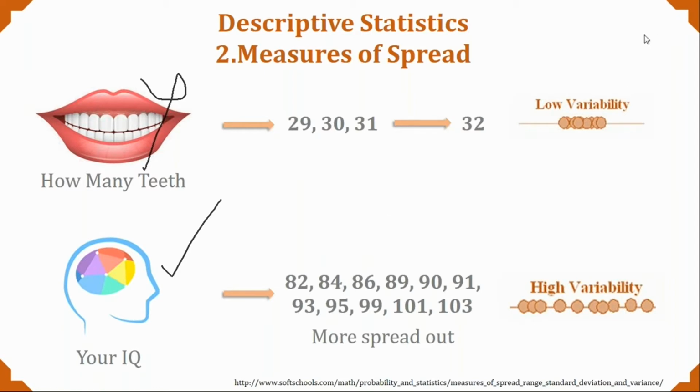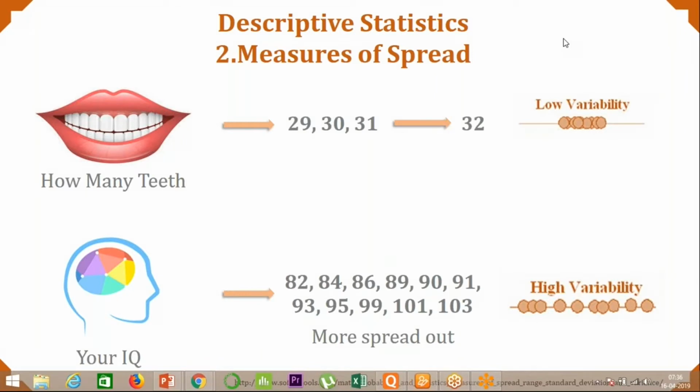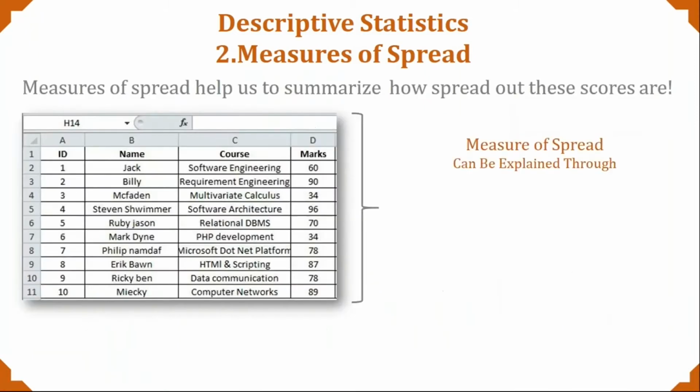So let's get into the topic, the spread. This is how you can see the spread of the data, low variability and high variability. The measure of spread is mainly used to help summarize how the scores are spread.